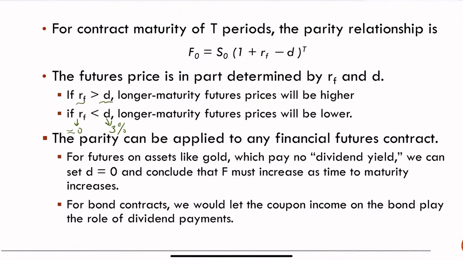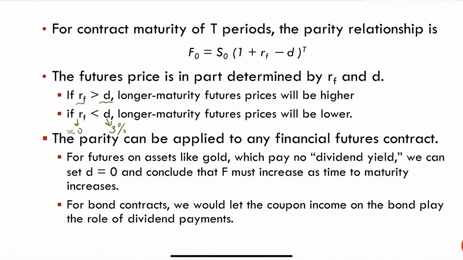Now let me make two comments. You can see that in this spot futures parity relationship, you have this D here. This is called dividend yield. And you know that dividend yield is really specific to equity. If you're having a bond, you don't have dividend yield. And if you're having a commodity futures, you don't have a dividend yield.